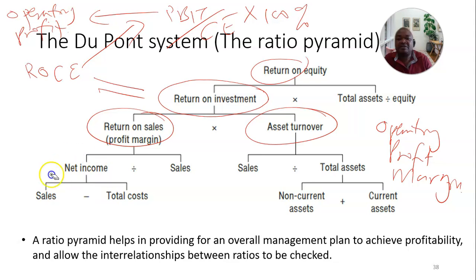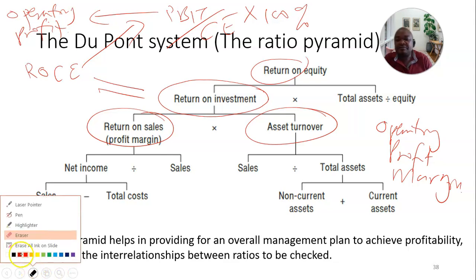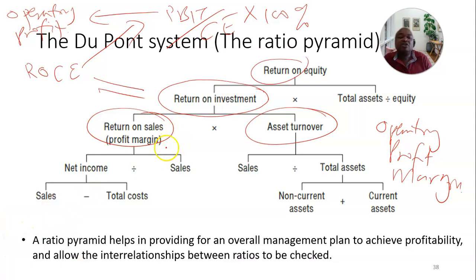Sorry. Okay, it's actually the return on sales there. So this is actually the operating profit margin.